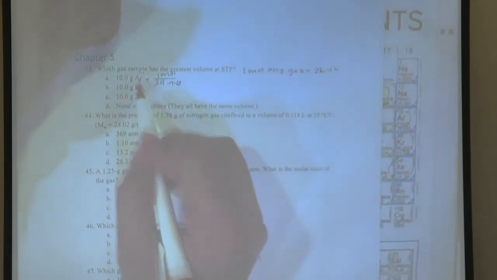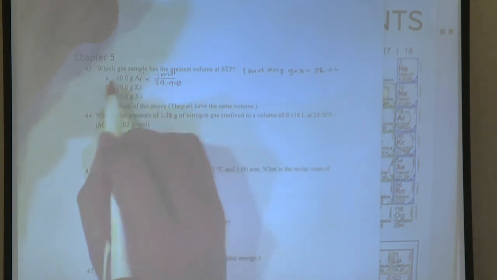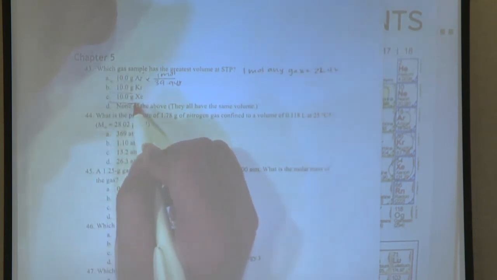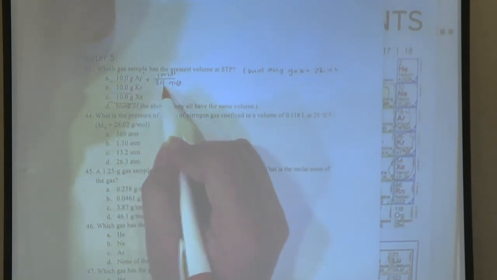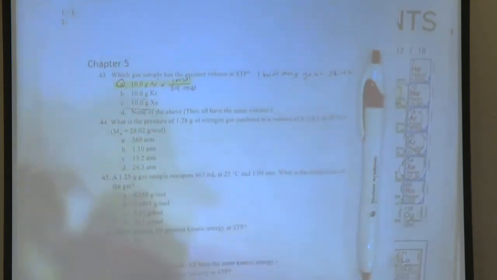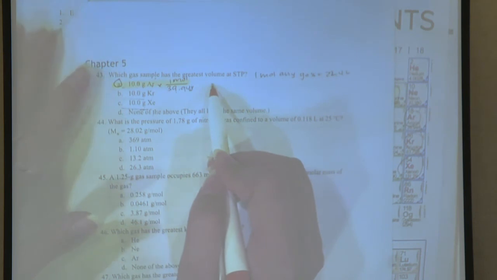So as you get heavier and heavier, you're going to have less and less moles of gas for every 10 grams. Does that make sense? And so you're going to pick the one with the smallest molar mass, which is going to be argon. 43 is A. Because 10 divided by a smaller number is going to give you a larger number for your number of moles. Does that make sense?